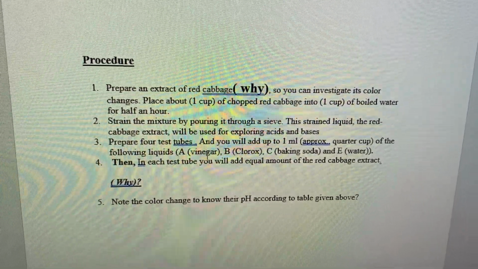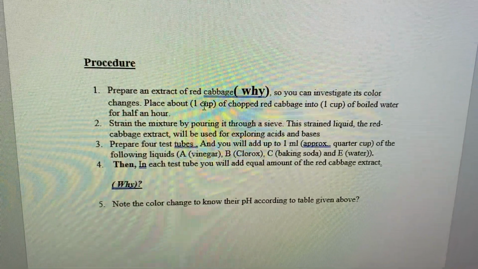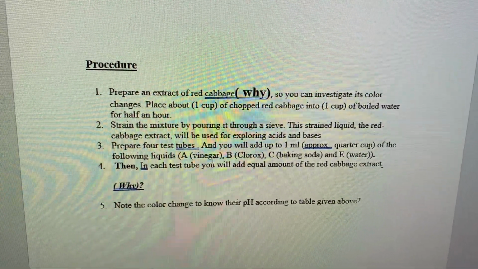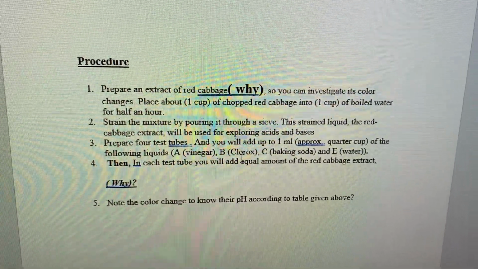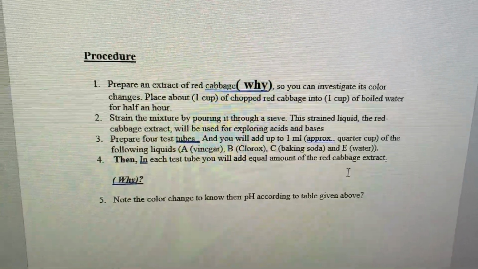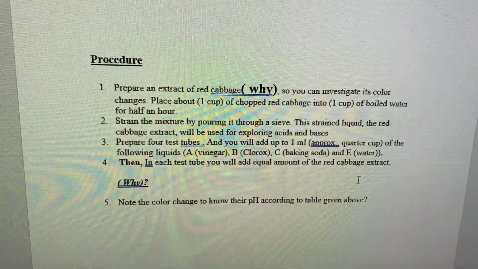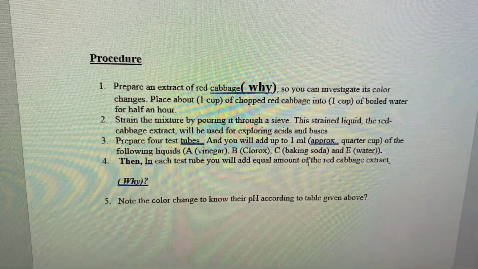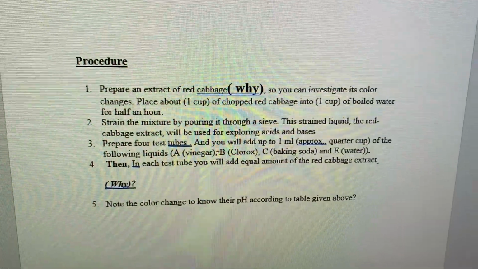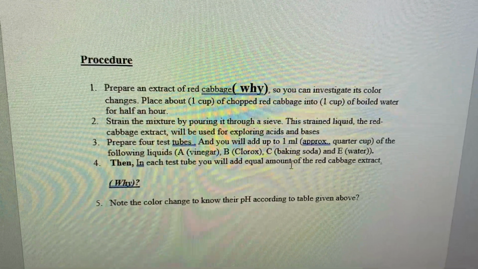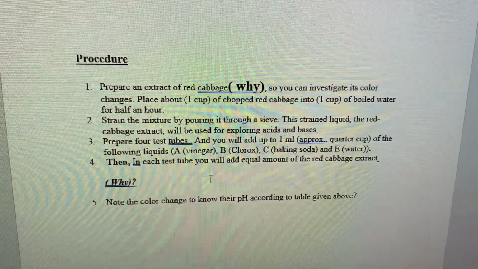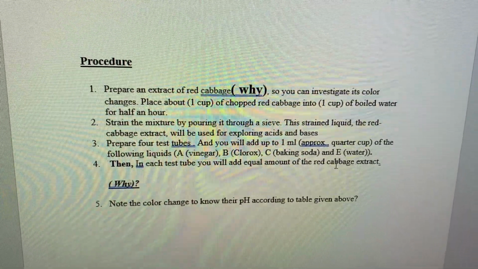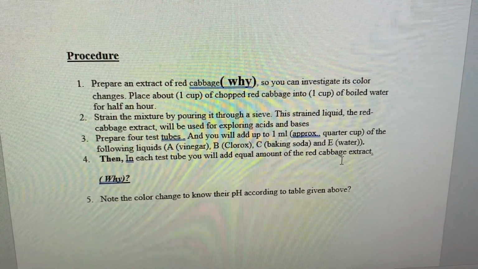Quarter cup extract, quarter cup vinegar; quarter cup extract, quarter cup baking soda; quarter cup extract, quarter cup water, etc. Why do I have to take care of the equal amount? For precision and accuracy. Okay, so we will now do the experiment.